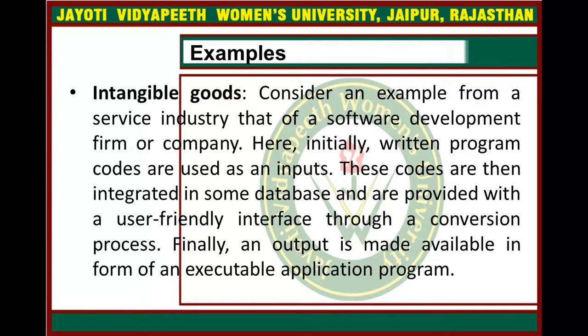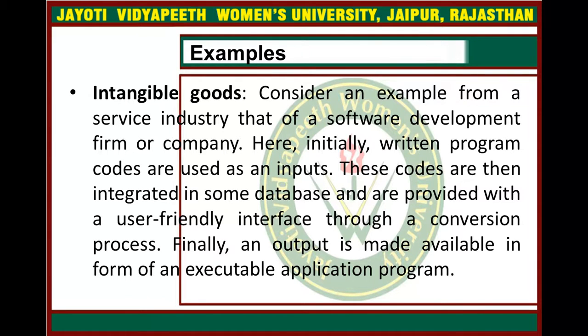The second is intangible goods. Intangible means which we cannot touch. Consider an example from a service industry, that of a software development firm or company. Here initially written program codes are used as an input.